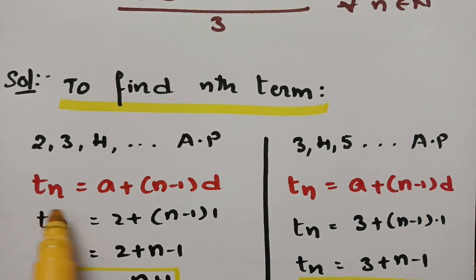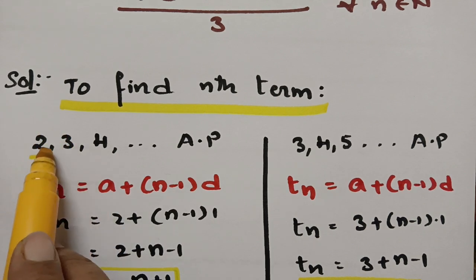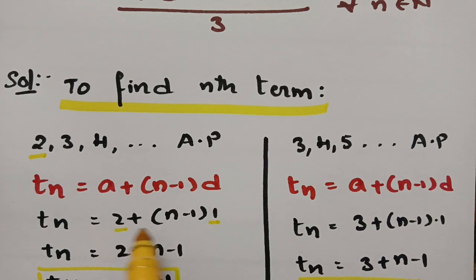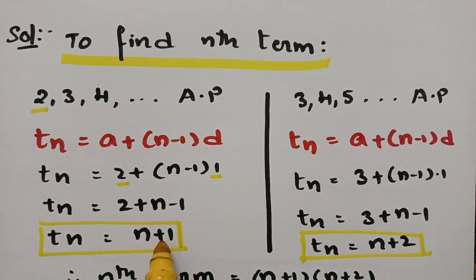As you have a formula, Tn is equal to A plus (n minus 1) into D. Here A is the first value, so A is equal to 2 and the common difference D is equal to 3 minus 2, which is equal to 1. After substituting A as 2 and D as 1 in this formula, we got Tn as n plus 1. This is the nth term for the first series.